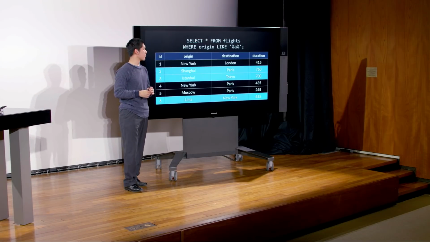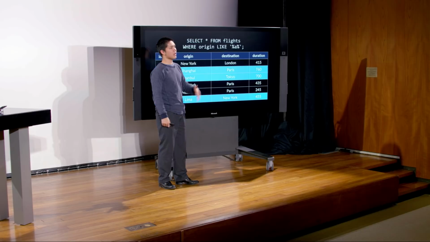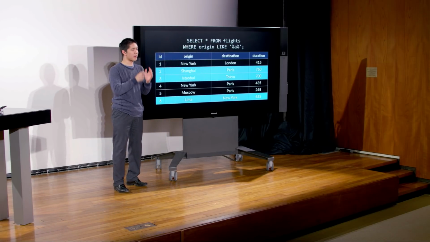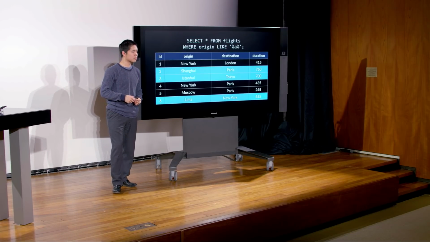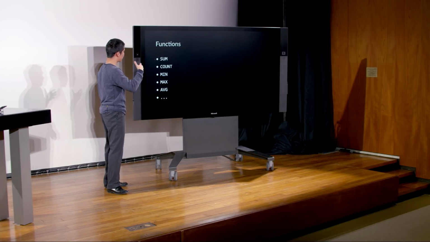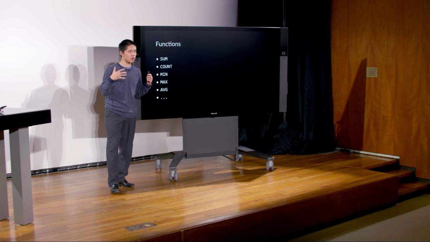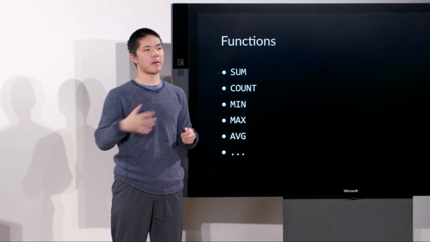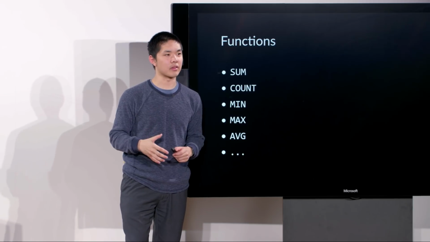But you can use a LIKE query, as opposed to origin equals something, to say, find me all the things that match that thing the user typed in, even if it's only a substring of the total thing. And so that can be useful as well. And so we looked at some of these functions, SUM and COUNT and MIN and MAX and AVG, that can be used as well. All of these are just different ways of selecting data, of specifying which columns we want to select, of specifying which rows we want to select, of restricting what rows come back. And ultimately, that is insertion of data.